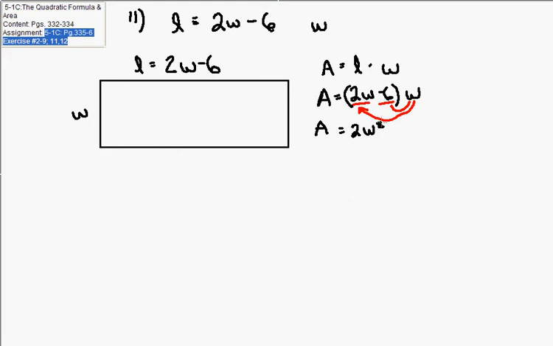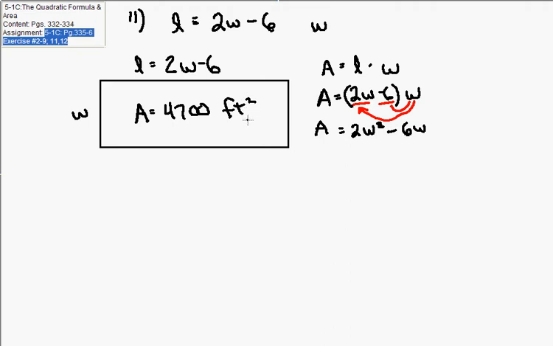That's a square, by the way. We have a minus sign, and 6 times w is 6w. So area is equal to 2w squared minus 6w. All right. Now the area of the court is 4,700 square feet. So this area right here is 4,700 square feet.